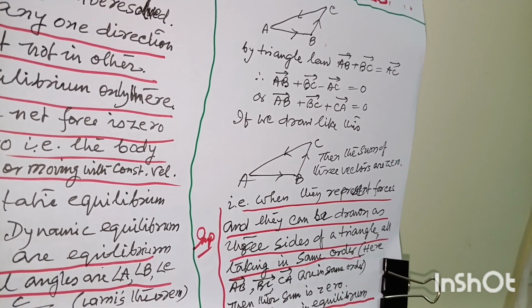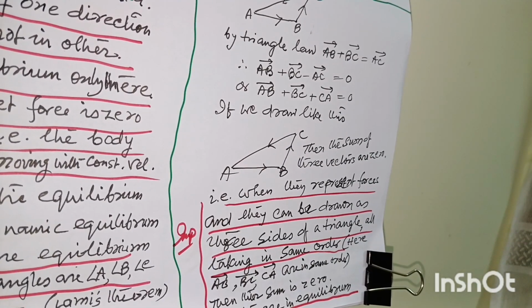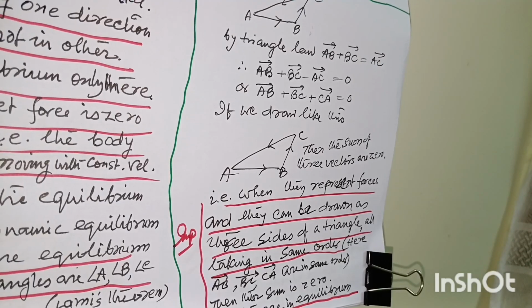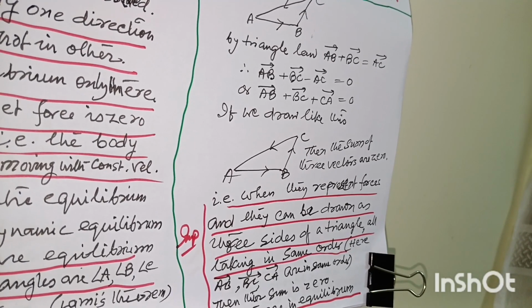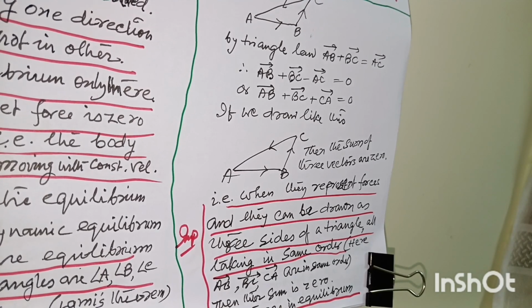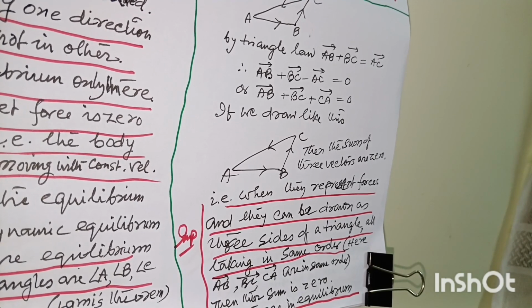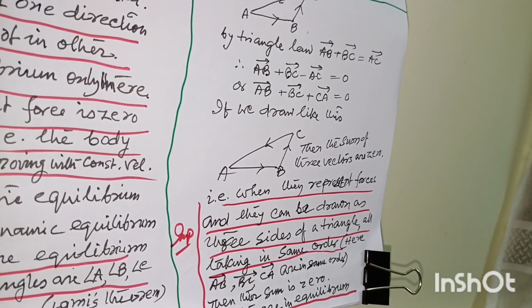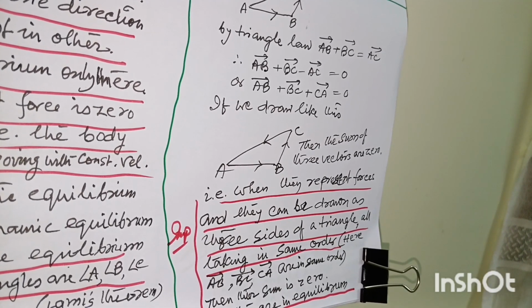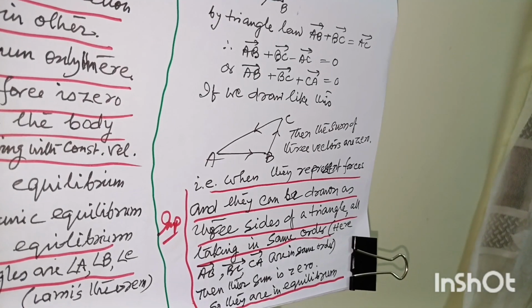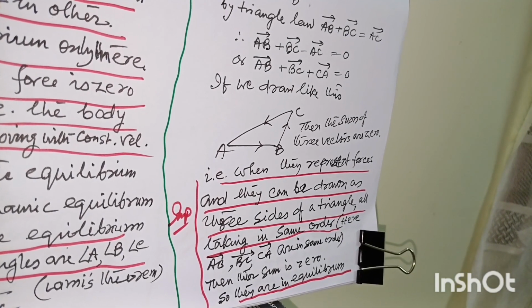That means when three forces are represented by three sides of a triangle and they are taken in the same order, then their sum is 0, as we have got in the above equation. So in that case, they will be in equilibrium.